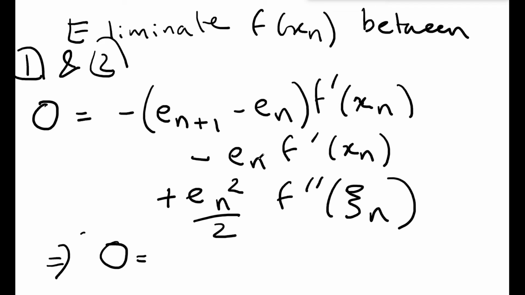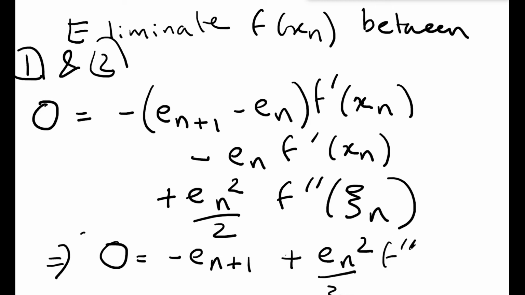It's got the term in e_{n+1} remaining, and we're going to also divide through by f prime, so we're going to get minus e_{n+1}, the remaining term, plus e_n squared on 2 f double prime psi_n divided by f prime of x_n.